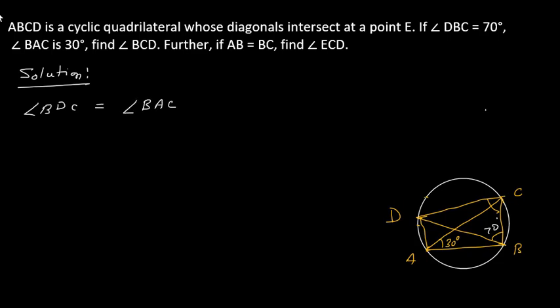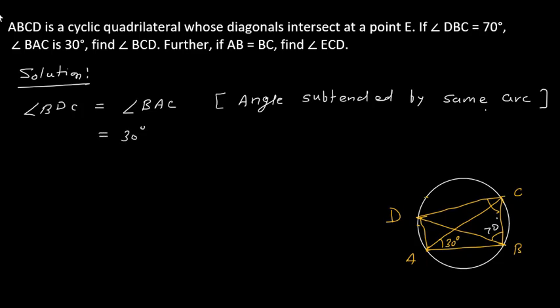Reason: angle subtended by the same arc. So angle BAC is 30 degrees, so this angle will also become 30 degrees. So here this angle is 30 degrees.